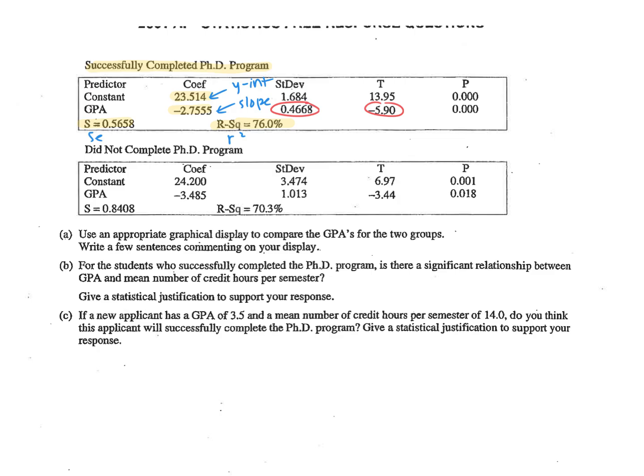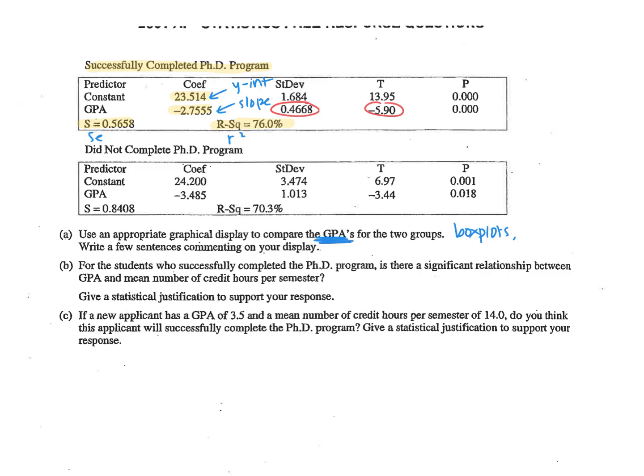Okay, if we do part A, use an appropriate graphical display to compare the GPAs for the two groups. So we need two graphs, GPA for PhD, GPA for didn't complete the PhD. What is one graph that we could use to compare two sets of numeric data? Okay, we could use box plots.